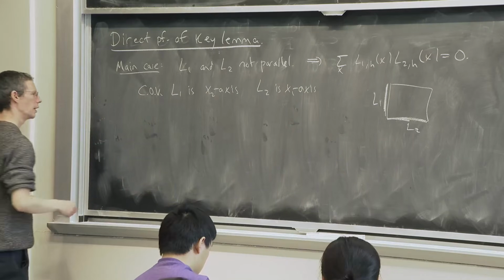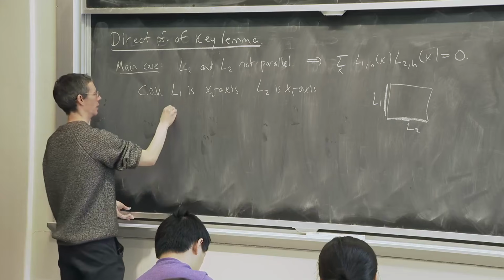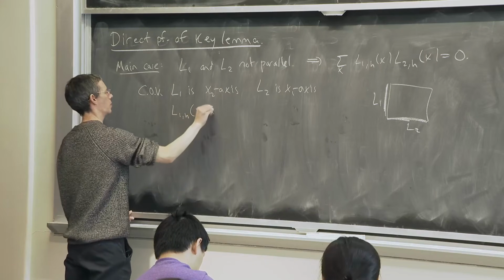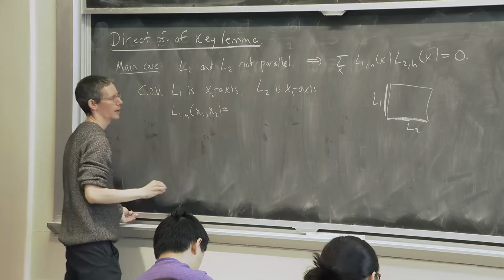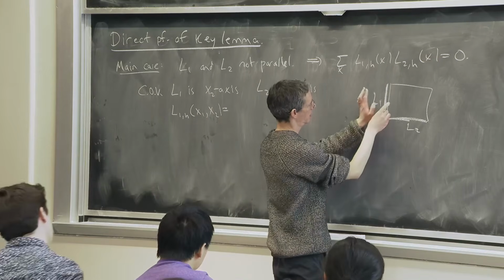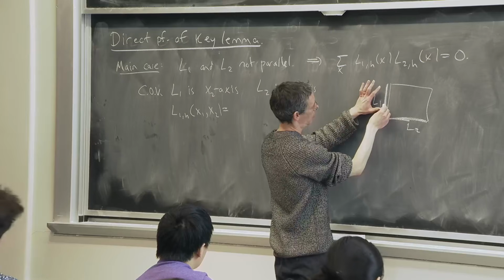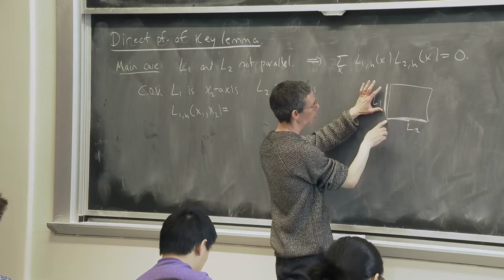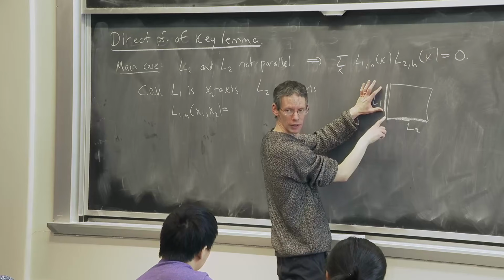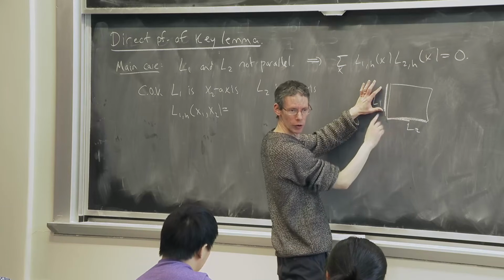All right. Now, when we do that, if I take L1 high of a point x1, x2, the function L1 of x only depends upon x1. If x1 is 0, L1 is 1. If x1 is not 0, it gets 0.